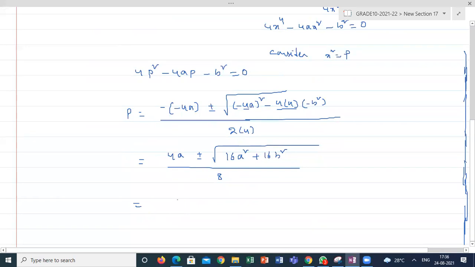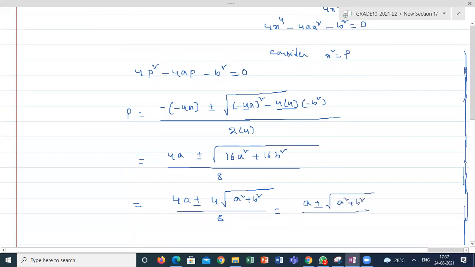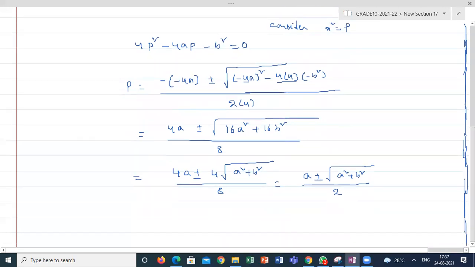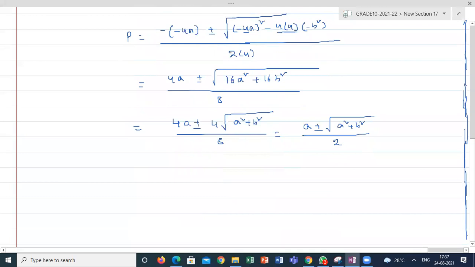So this will be 4a plus or minus 4 root of a square plus b square, divided by 8. This will be a plus or minus square root of a square plus b square, divided by 2. Got it?